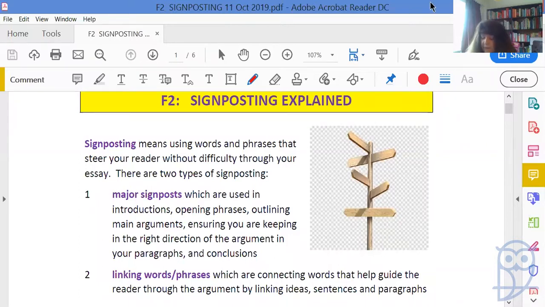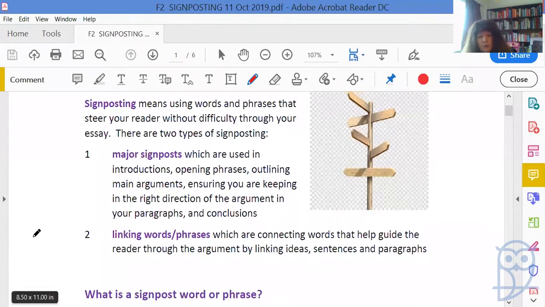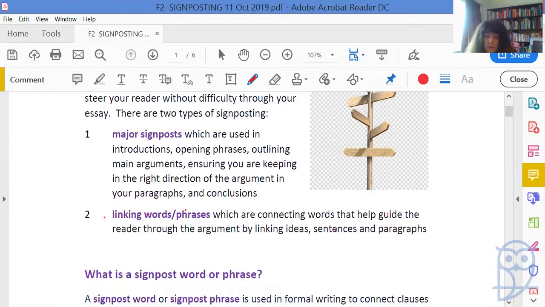There are two types of signposting. Major signposts are used in introductions, opening phrases, outlining main arguments, ensuring you're keeping in the right direction of the argument in your paragraphs and in your conclusion. Further to that, you've got shorter linking words and phrases, which help guide the reader through the argument by linking ideas, sentences, and paragraphs. Signposting is important, and it looks good when you can do it.